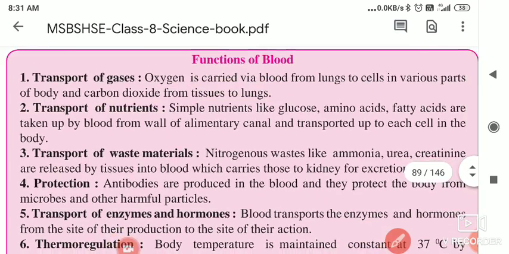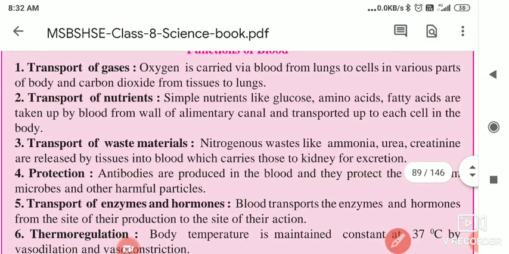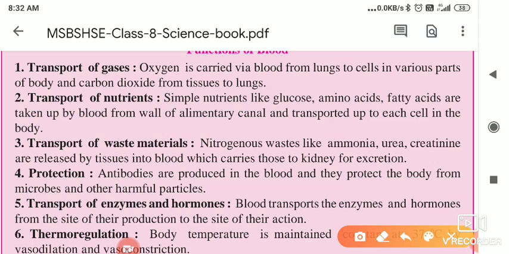The oxygen we take in by respiration is transported to each and every part of our body, and the carbon dioxide produced there is collected towards the lungs to be thrown outside the body.